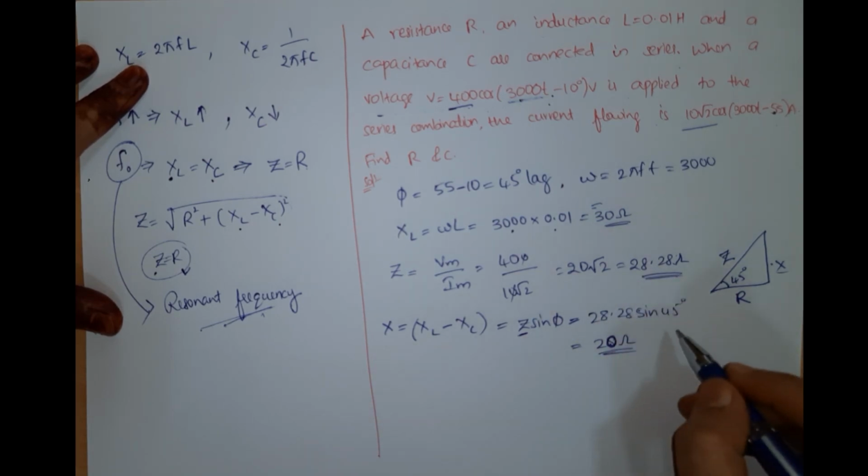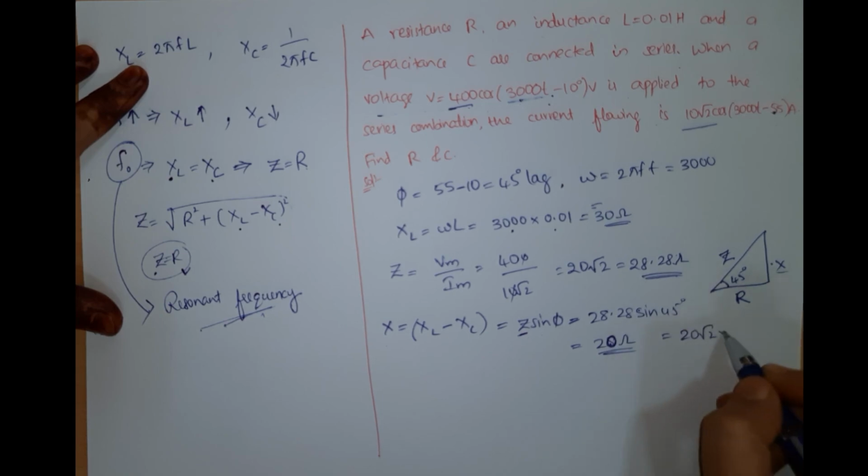Why? Because simply 20 root 2 into 1 by root 2, that is 20 ohms.